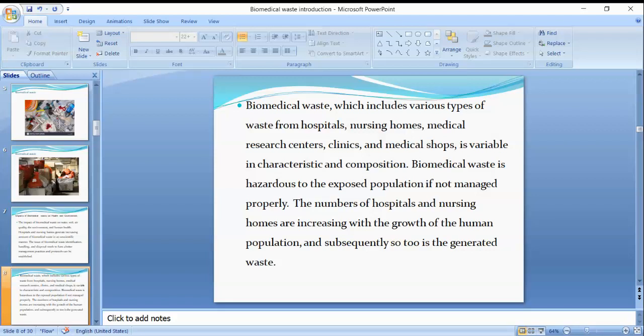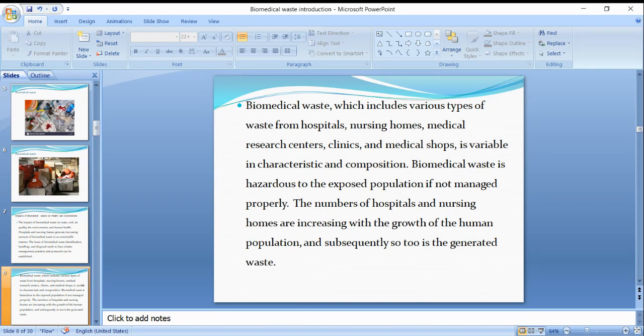Biomedical waste includes various types of waste, as we already said. It comes from hospitals, nursing homes, medical research centers, clinics, and medical shops.